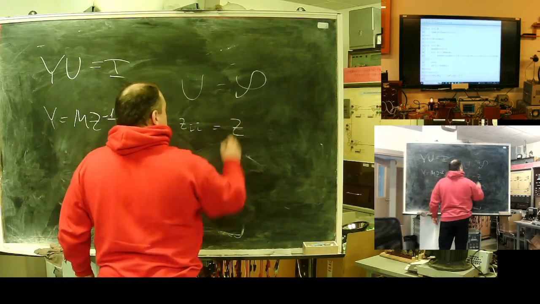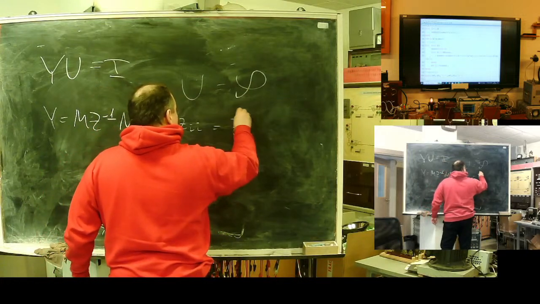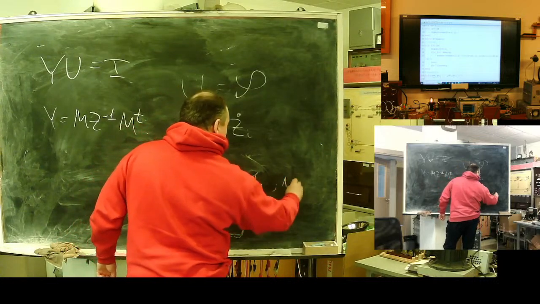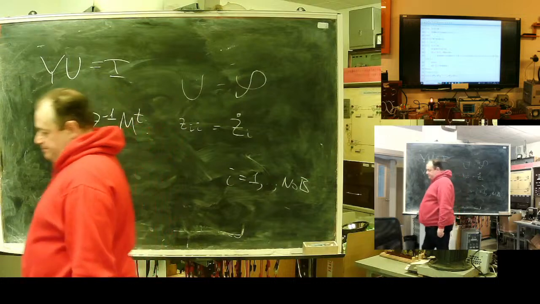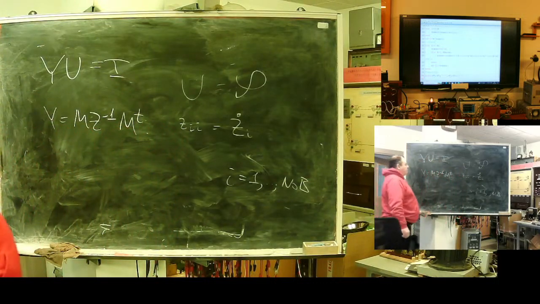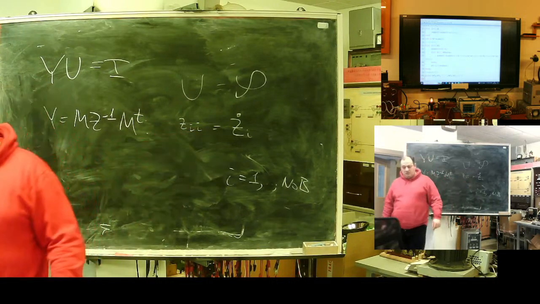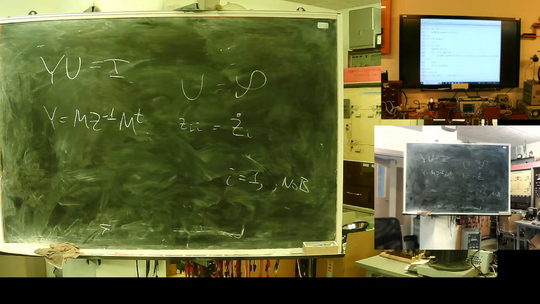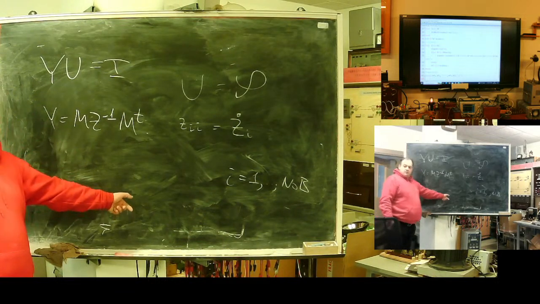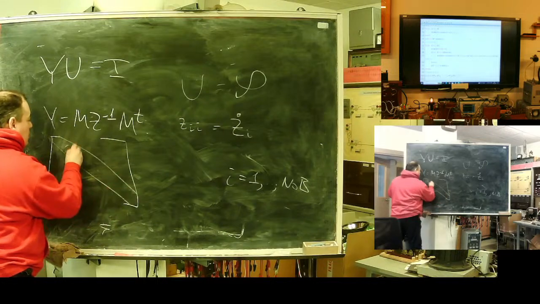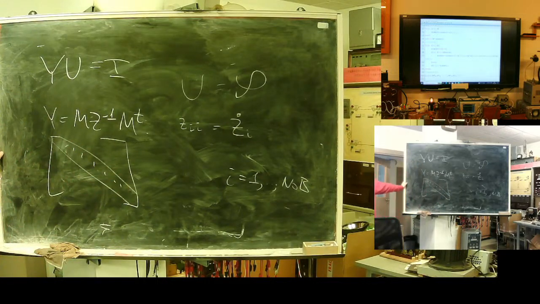Z_ii is the resistance of branch i, where i is from 1 to N_B, the number of branches. At first, you fill only the main diagonal. It's for the simple case. 99% of your cases will be simple. So you just need to fill this part. Element number 1 is the resistance of the first branch, element number 2 the resistance of the second, and so on.